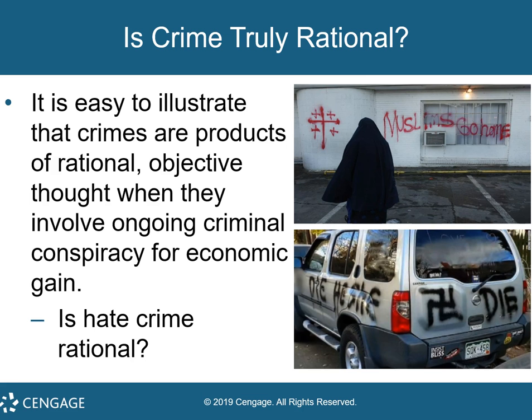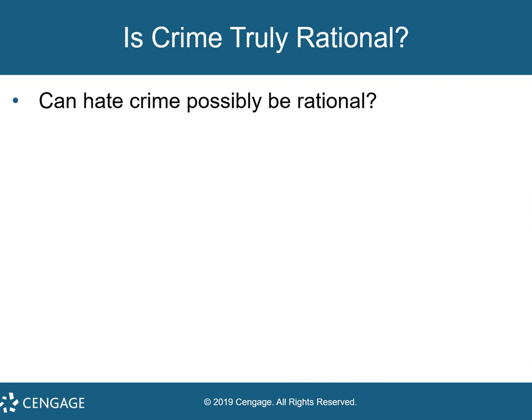What about hate crime? So again, we're looking at some different crimes here. Can hate crime really be rational? Well, what do you think? It's hard to believe, but when Ryan King and Gretchen Sudo examined the characteristics of an outbreak of hate crimes, they found 3 factors that seem to trigger these events.